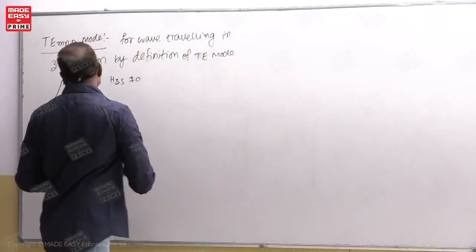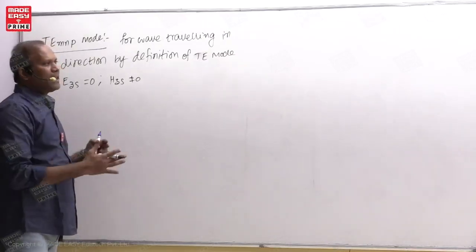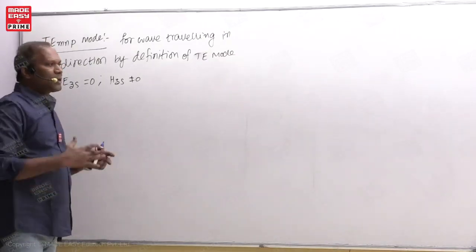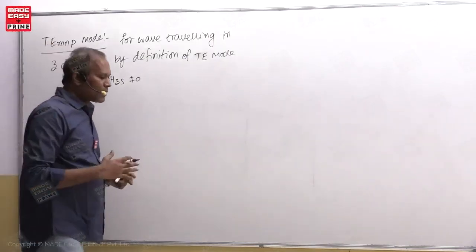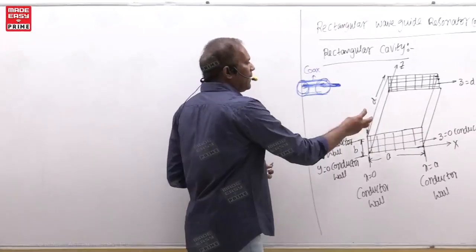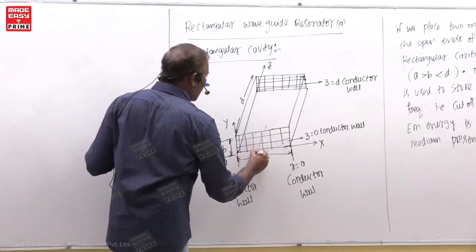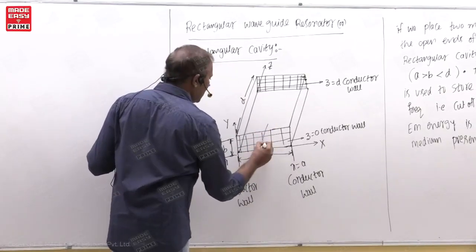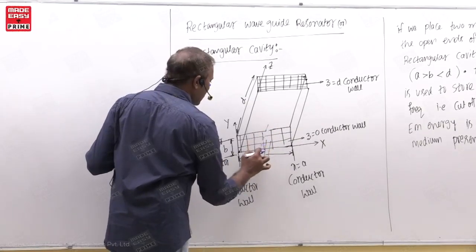Students, here some students will get confused: sir, in a rectangular cavity the EM wave is not traveling, the EM wave is stopped. Some students will ask that. But you should understand, this cavity is used to store the EM energy. Here you will be inserting one probe like this, a coaxial cable.